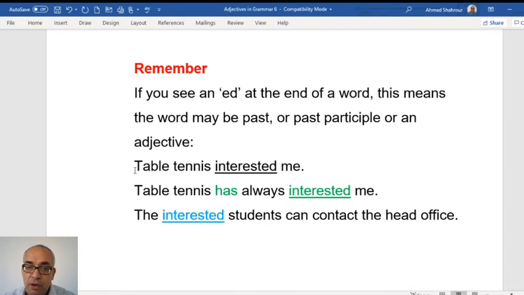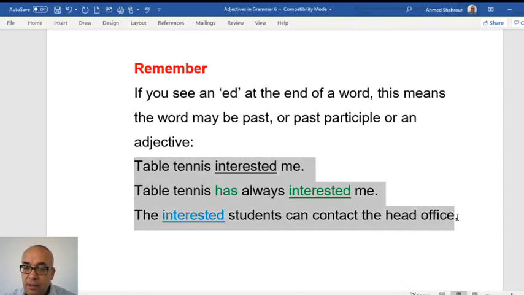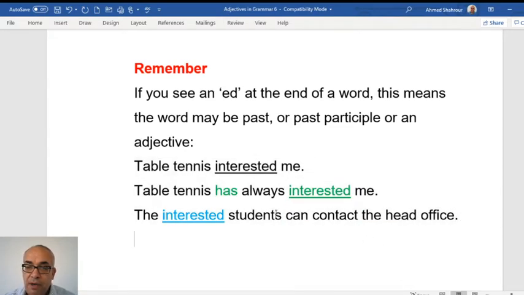But if you look at these 3 sentences, you can see I have interested with an ed, interested with an ed, interested with an ed. So when you see something which has got an ed, you have to ask yourself, is this past, is it past participle, or is it an adjective?